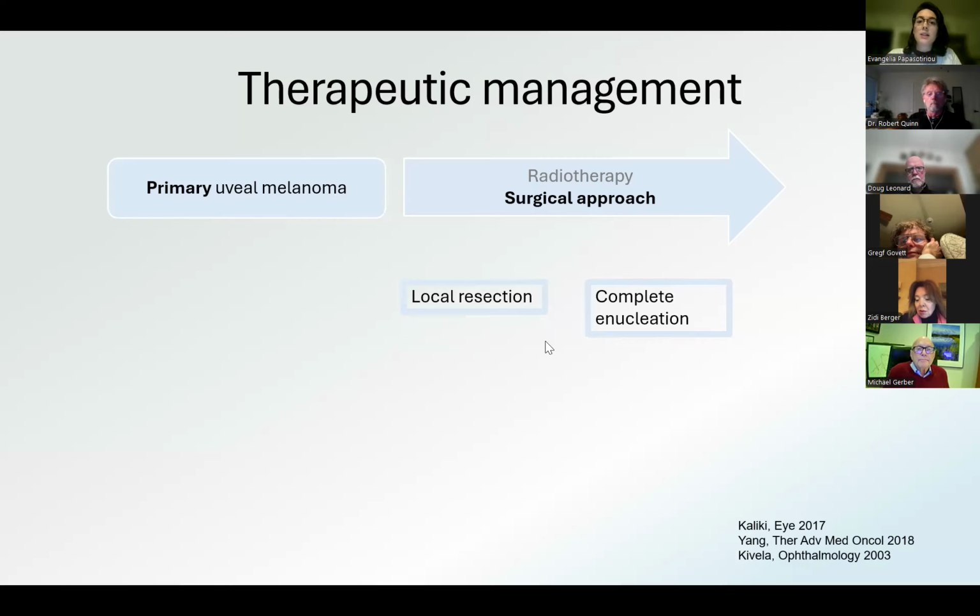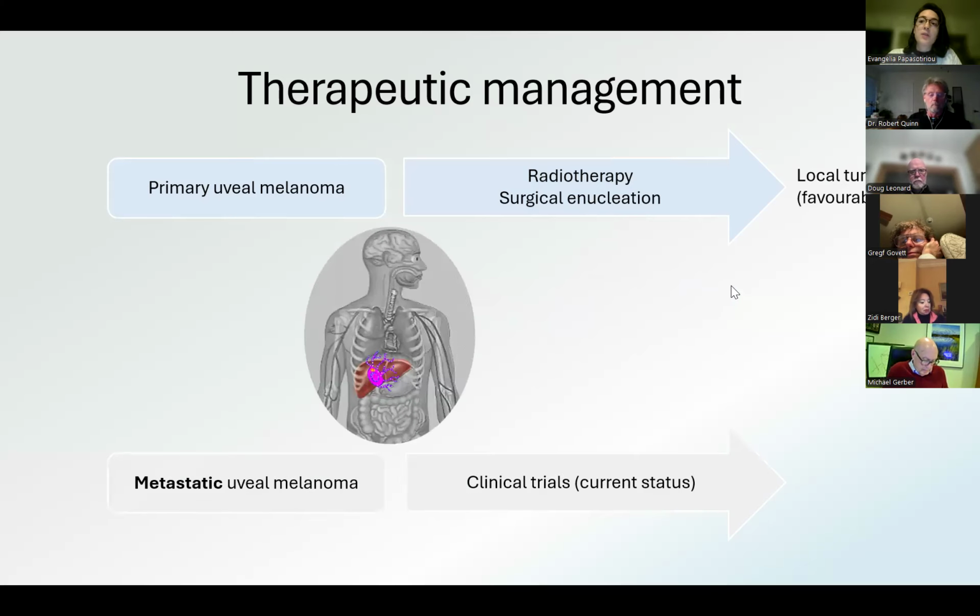There is a tendency in the last 10 to 15 years that medical doctors are trying to have a more globe-preserving approach, meaning to keep the eye for all the good reasons, and try to avoid enucleation.